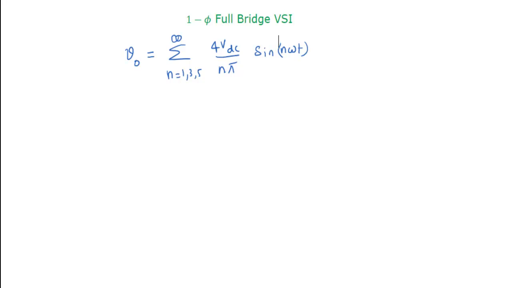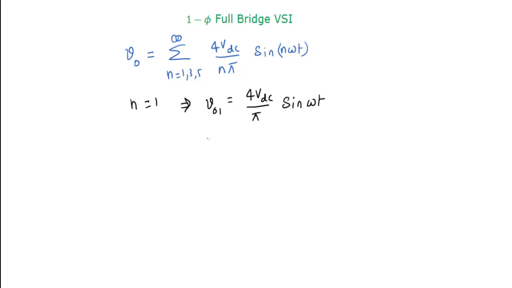So now in this case, assume n equal to 1, that's the fundamental component. Then what will be the voltage equation? V01 equals 4 VDC by pi sin omega t. That means n equal to 1, you need to substitute here. So this is a sine wave.